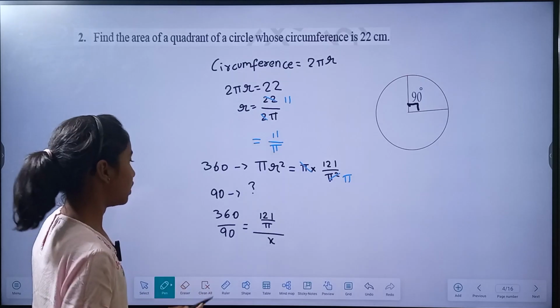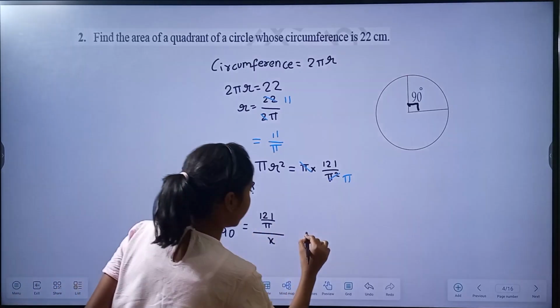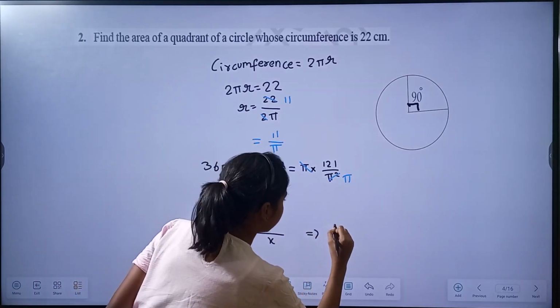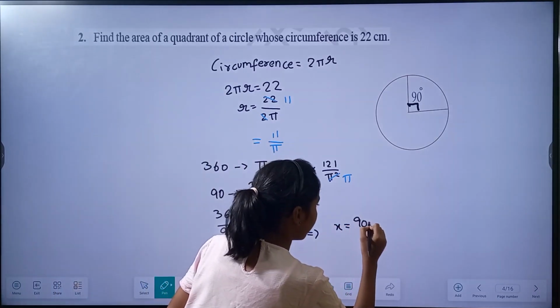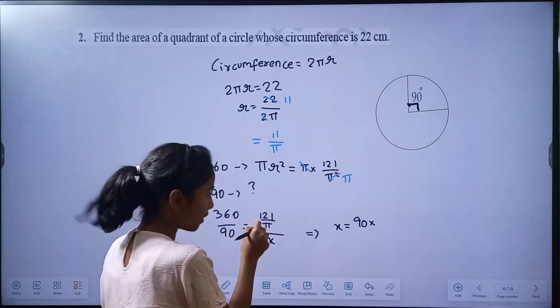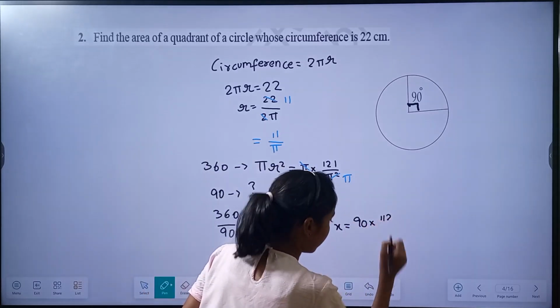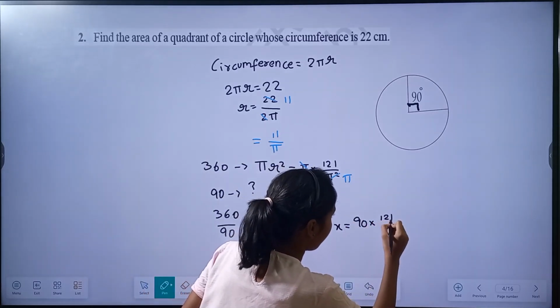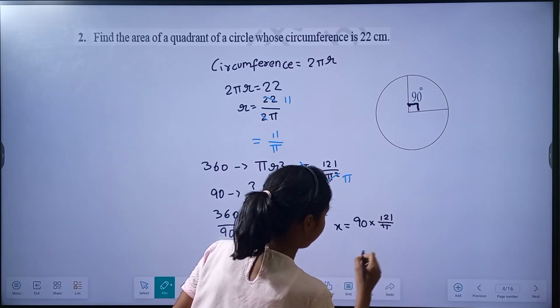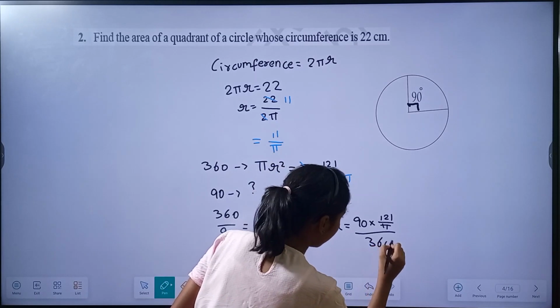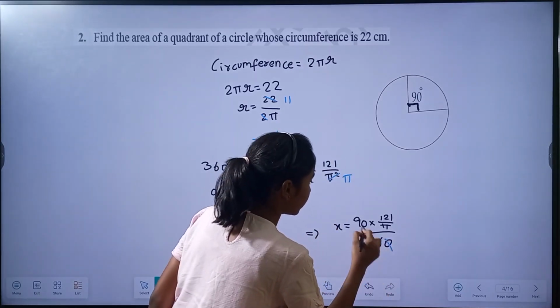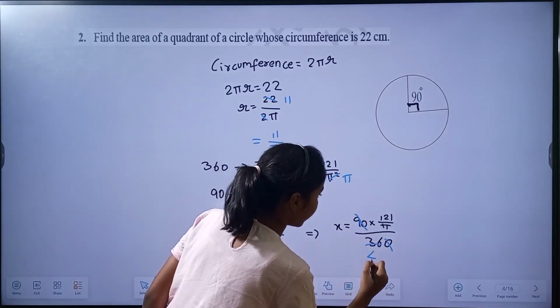We will find x. So from this we can get x equals 90 into 121 by pi whole divided by 360. By cancelling the zeros, and 9 and 36, this one will be 4.